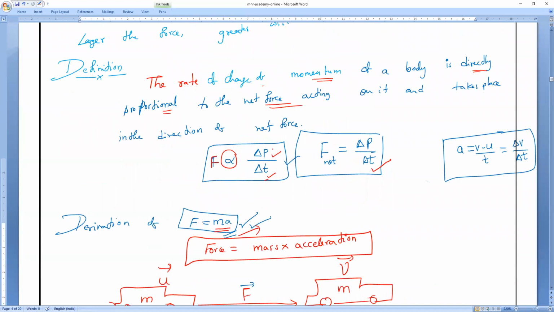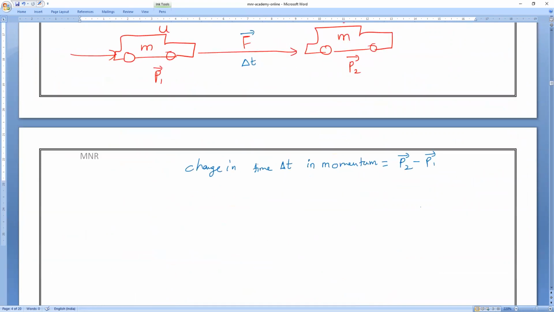Like change in velocity in acceleration, we all know that change in velocity means final velocity minus initial velocity. Same thing here. So the change in momentum in a time period delta t is p2 minus p1.